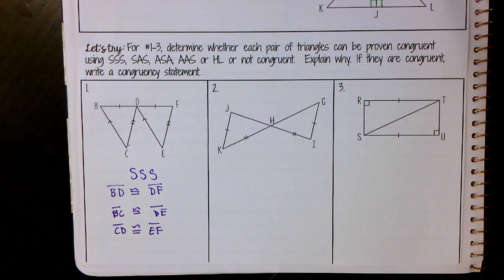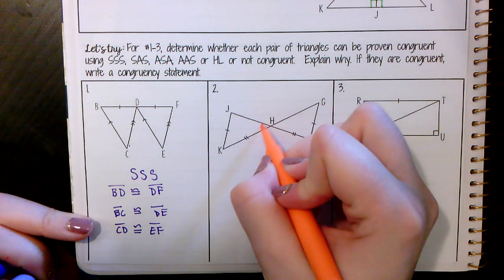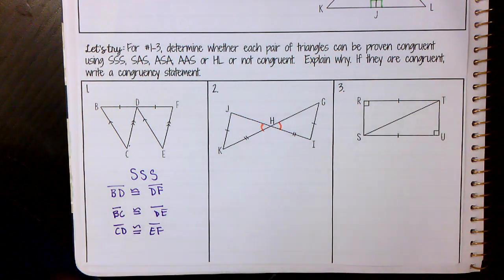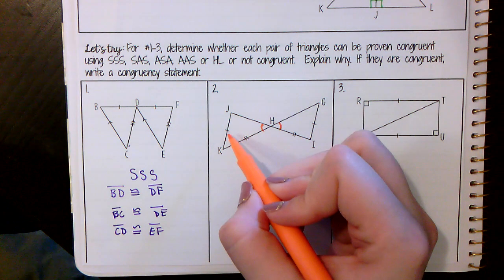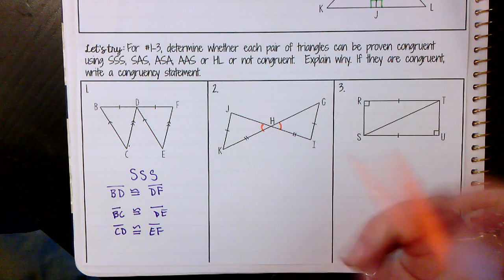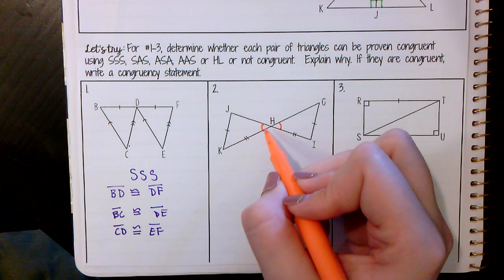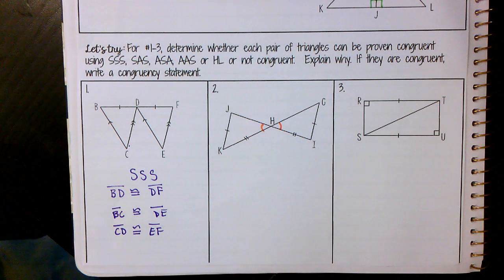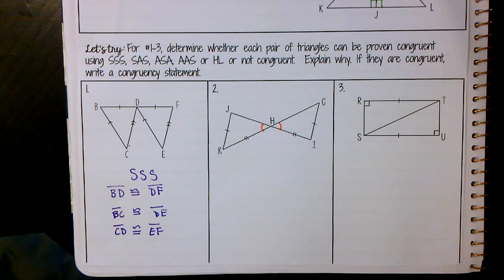Next, we have a triangle that is sharing an angle here, opposite angles. So I know that this angle and this angle are the same. So this looks to me to be side, side, angle, angle, side, side. Are these triangles congruent?